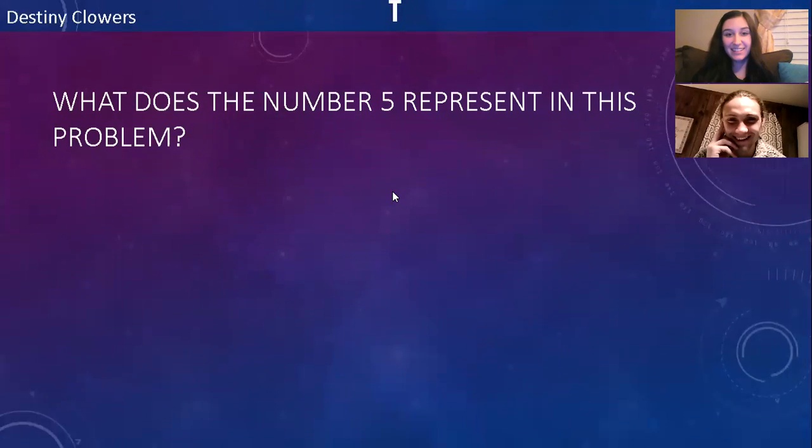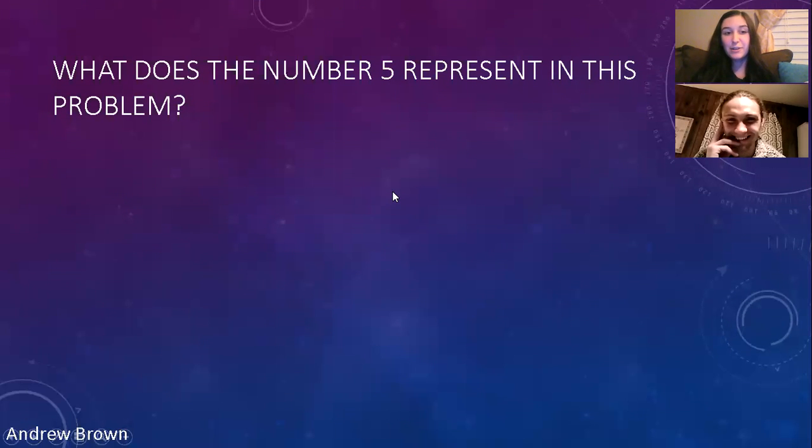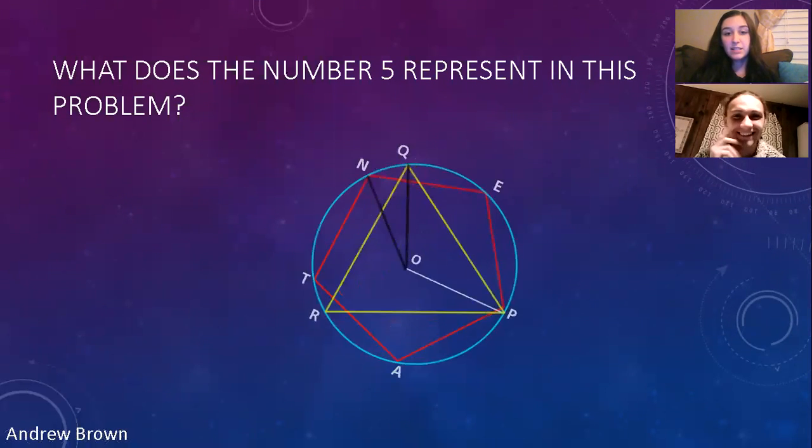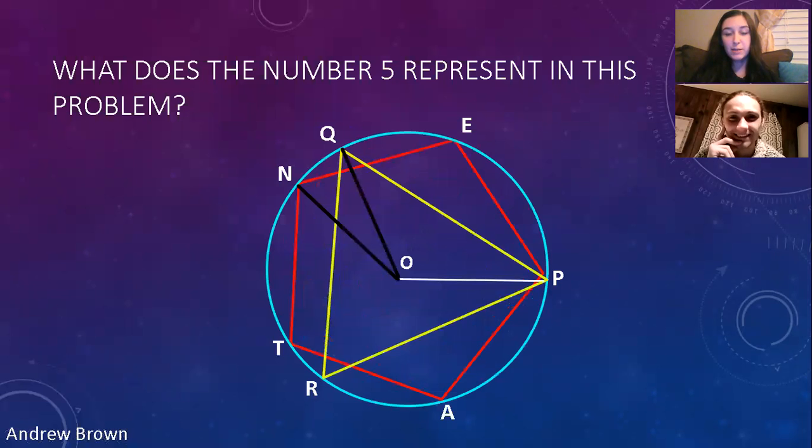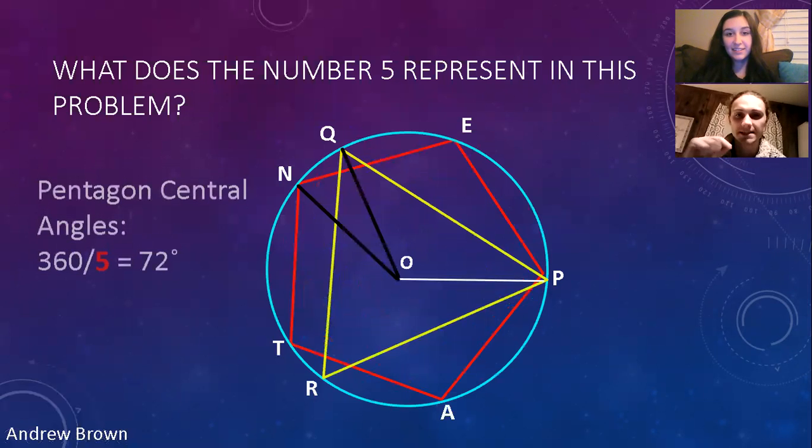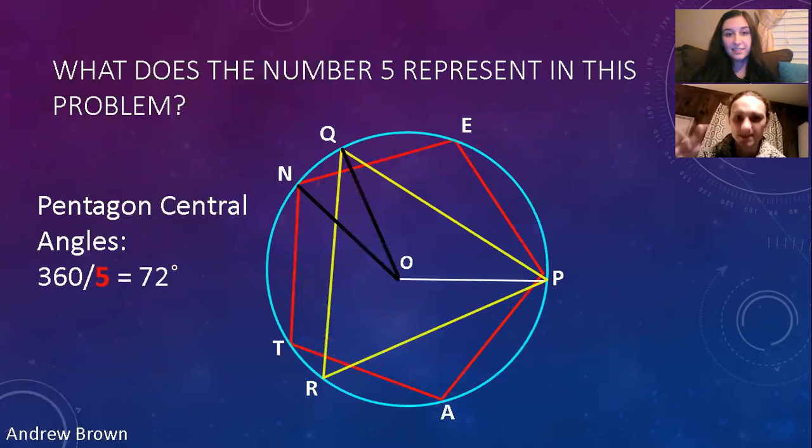All right. Okay, Andrew, so in this image right here, what does the number 5 represent? Well, the number 5 in this problem actually represents the number of angles within the pentagon. Since 5 sides make up every pentagon, we know that there will be 5 central angles, right? Right. So just within the triangle.